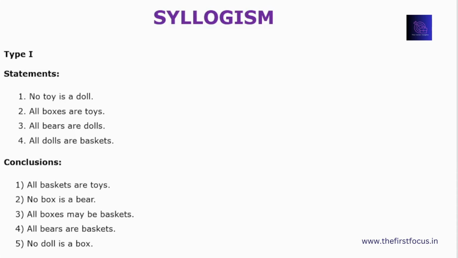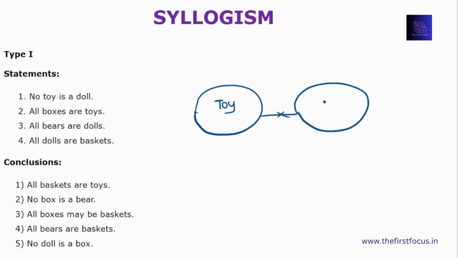Here we see our next sum. What is the statement given? No toy is a doll. Toy is not in relation with doll. All boxes are toys, so we can draw boxes inside toys.